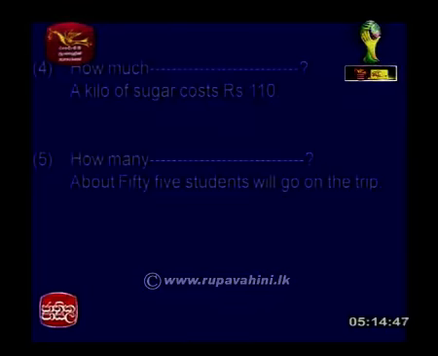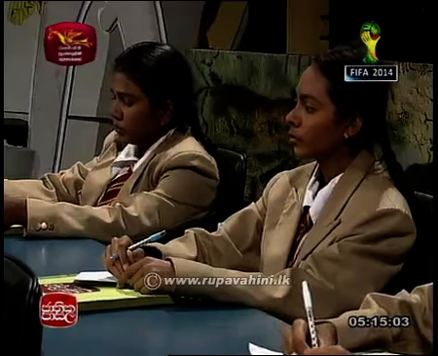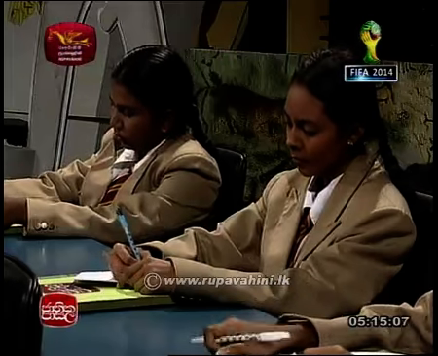Do you add S here? No. We are using the basic form of the verb, so that how much is a kilo of sugar? How much is a kilo of sugar is the question.